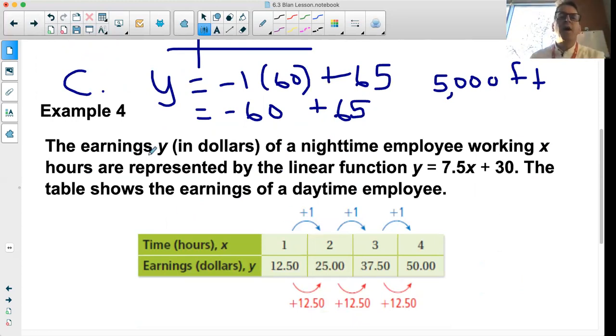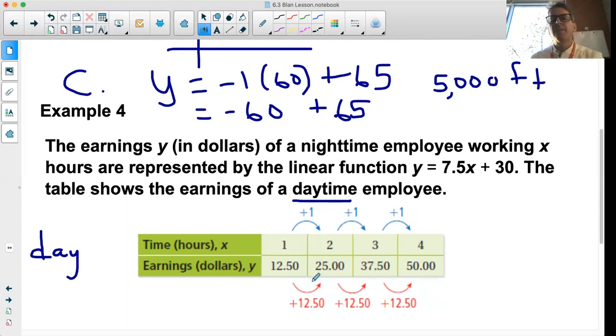The earnings y in dollars of a nighttime employee working x hours are represented by the linear function y equals 7.5x plus 30. The table shows the earnings of a daytime employee. So this is the daytime employee.